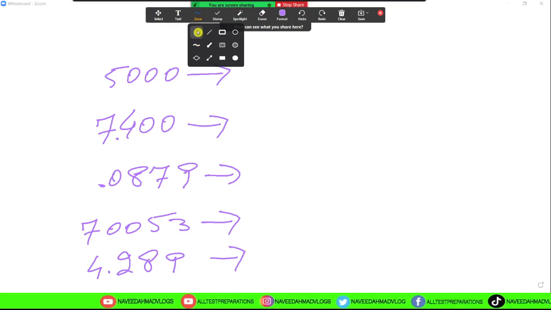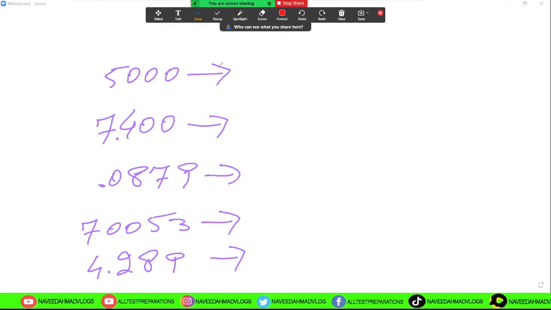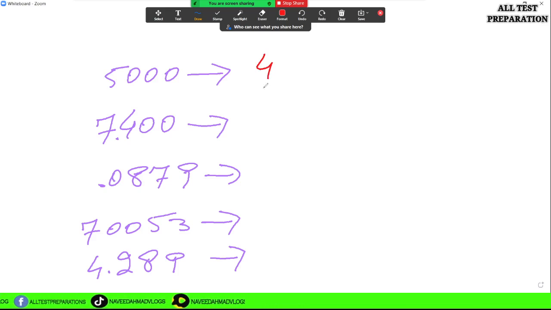Okay, Alicia, can you tell me the number of significant figures in all these numbers? Okay. 5,000. I think there are 4 significant figures. Okay. This is your answer, not my answer. I will write that. Because in 7.400 I think there are also 4 significant figures.